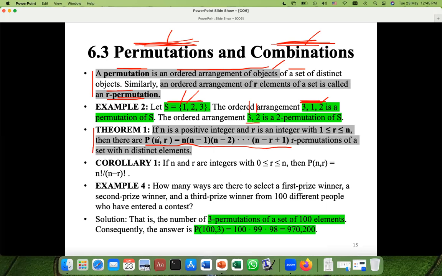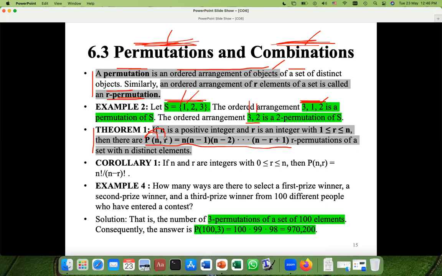And N is the total number of objects available in the set. P means permutation. What does P(N, R) mean? How can you read it? It is the R-permutation of N objects of a set.